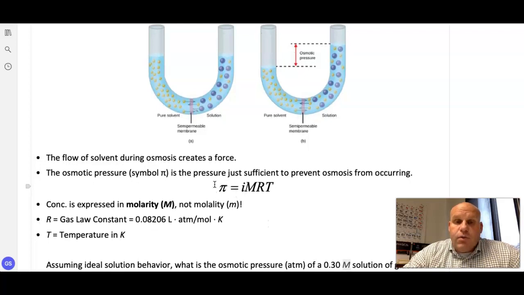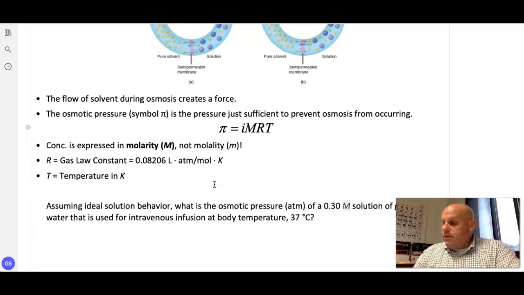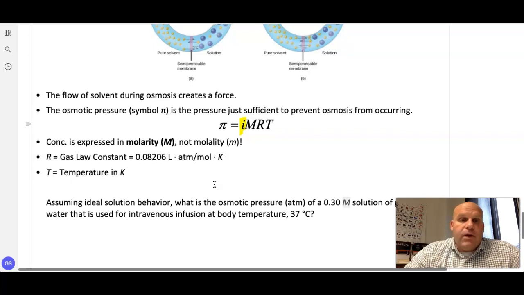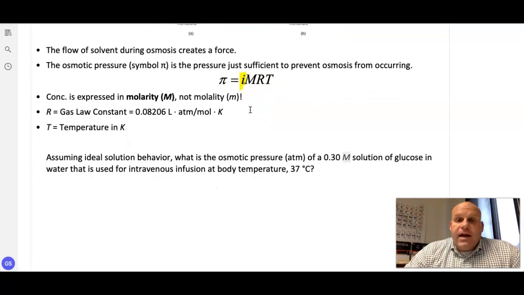Here's the symbol for osmotic pressure and the formula. You will see once again that the Van't Hoff factor is in play if we have an ionic compound that needs to have something other than 1.